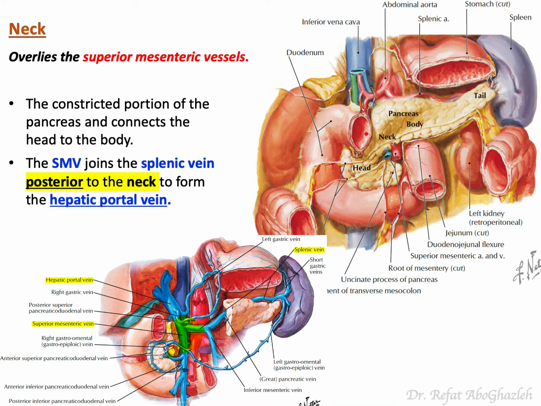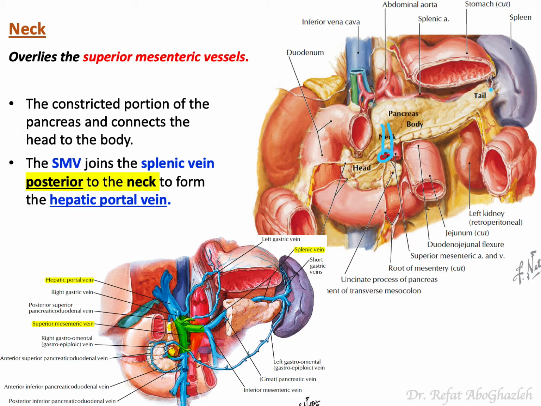Now, what about the neck? We consider it the constricted part of the pancreas that connects, of course, the head to the body. And if you look at it here, guys, you will find, behind the neck, which is very important, I will use this pen, the superior mesenteric vein united with the splenic vein.